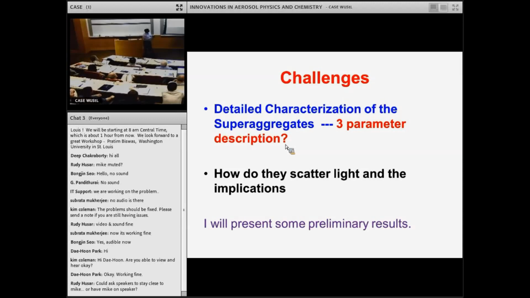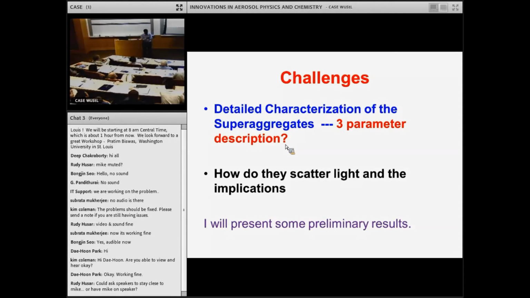And so now we also know the DLCA clusters, the smaller length scale clusters, very well. We can characterize them by a 3-parameter description. So you don't characterize just by the fractal dimension. You need to know the prefactor that goes into the fractal dimension scaling, and also you need to know the short-range ordering of this model.